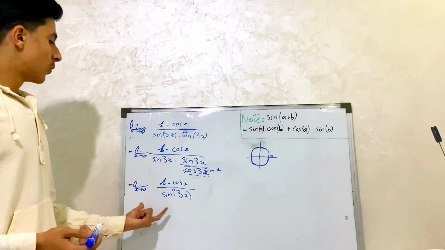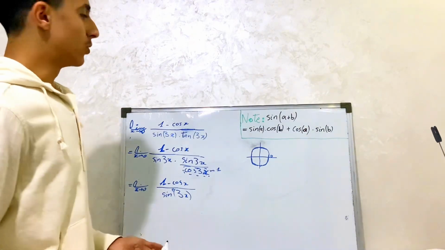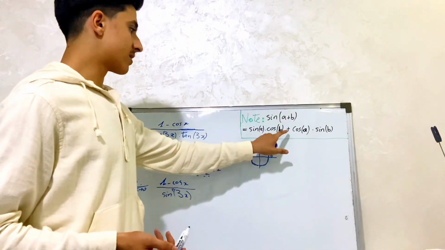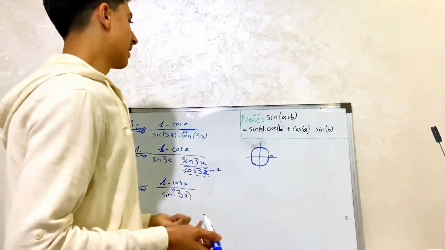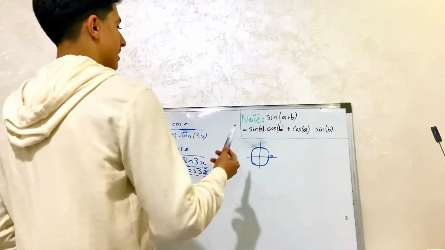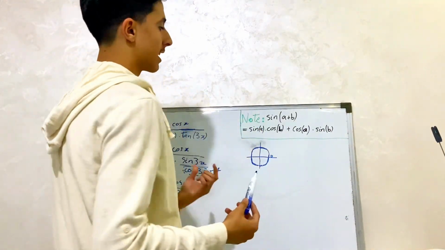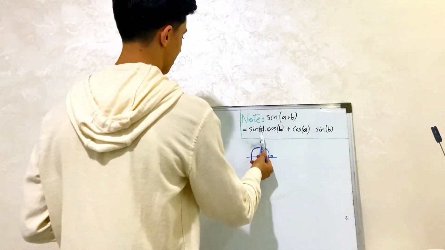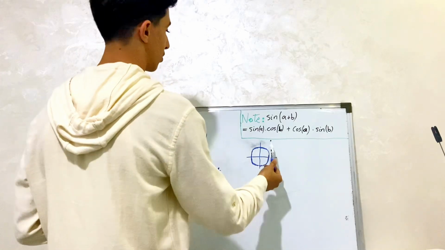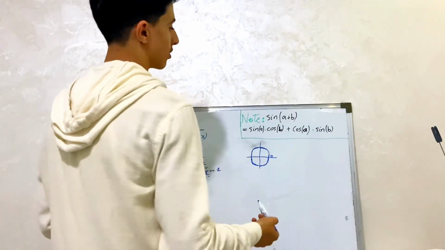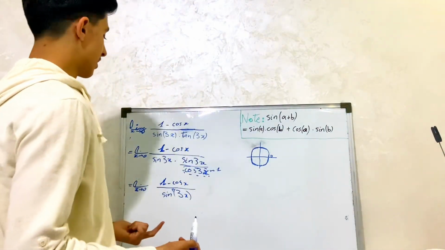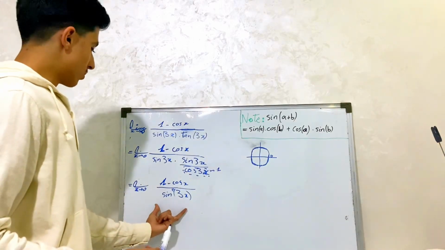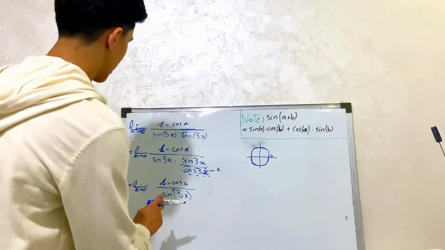Now we are going to use this property that we stated in the beginning. It basically says that the sine of the sum of two angles is equal to the sine of the first angle times cosine of the second angle plus cosine of the first angle times sine of the second angle. So first, let's rewrite this.